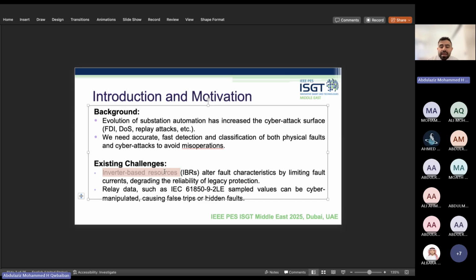They alter fault characteristics by limiting fault current, degrading the reliability of the legacy protection. إيش معنى legacy protection؟ معنى traditional protection. Nowadays, the Aramco substation, for example, uses these standards and they have sample values and they can be changed. Everything is now digitized.